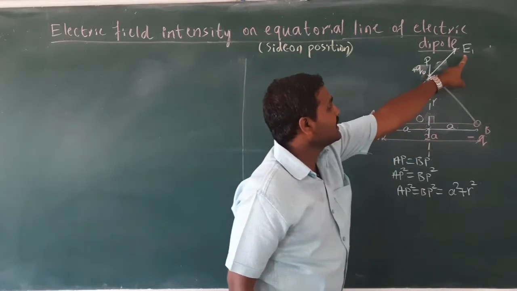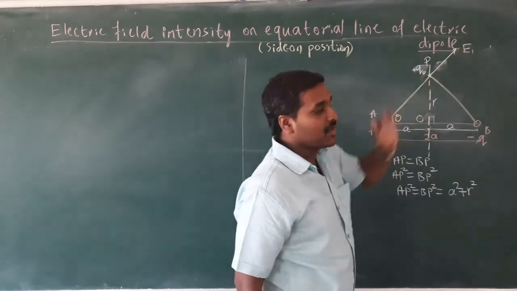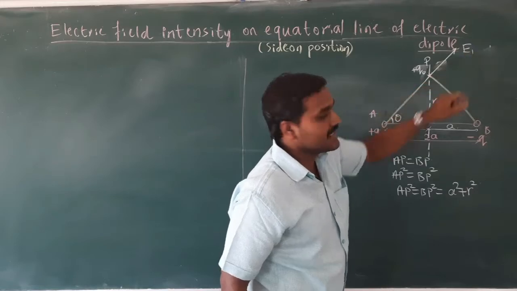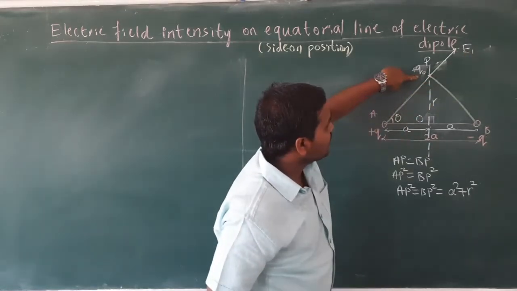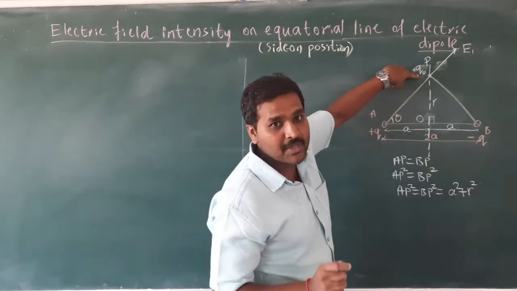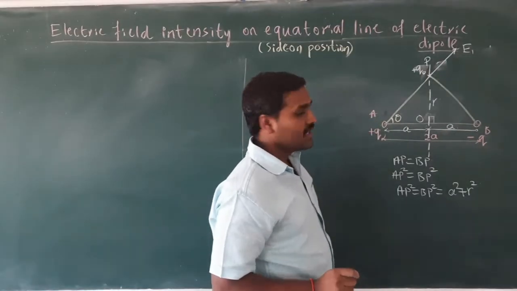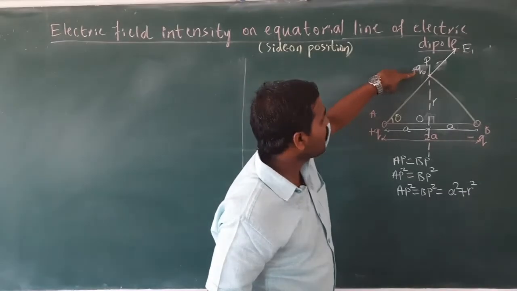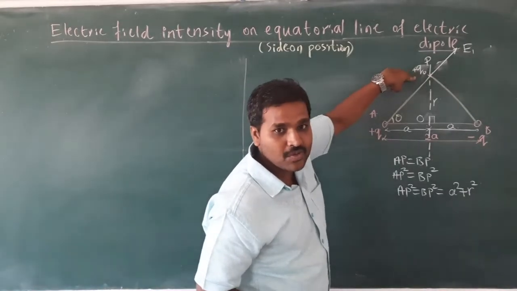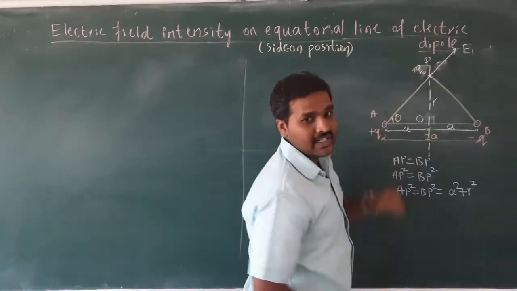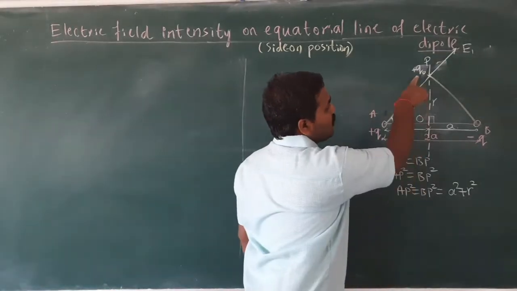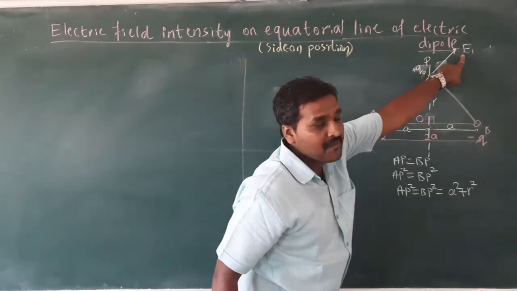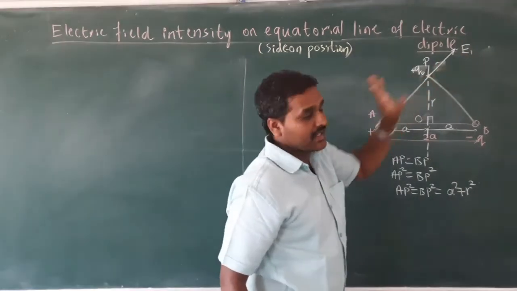And look at the direction here. Why am I showing it in this direction? Because the direction of electric field intensity is the direction in which test positive charge moves because of source charge. Here the source charge is plus Q, the test charge is plus Q naught. Both charges are positive and hence there will be repulsive force between both the charges. So this Q naught moves away from this source charge. So that is the direction of electric field intensity E1.